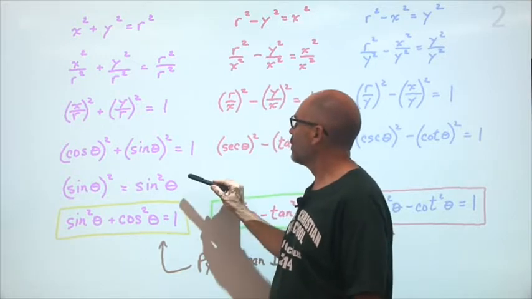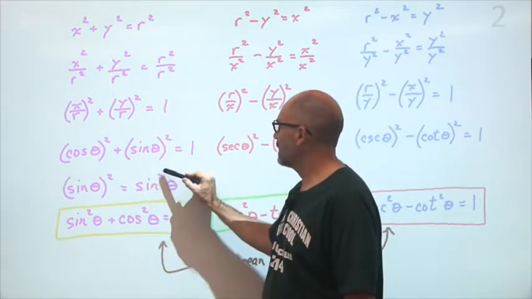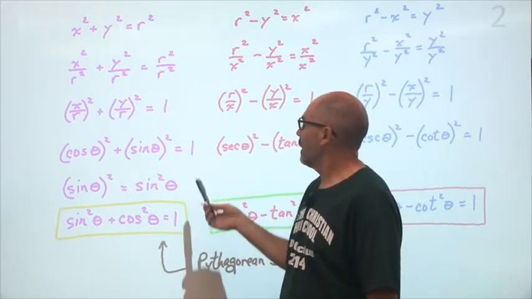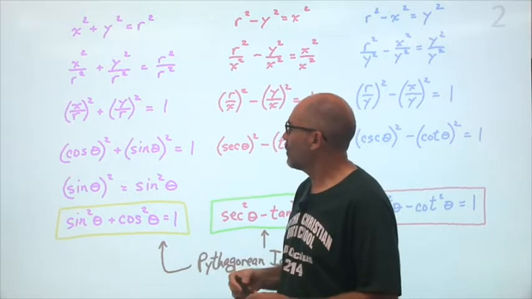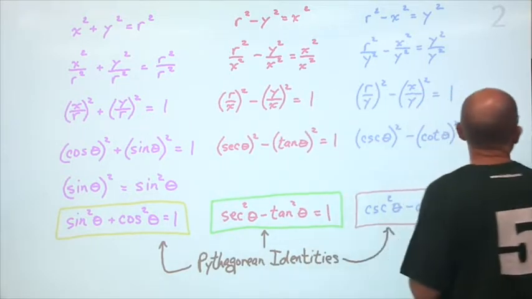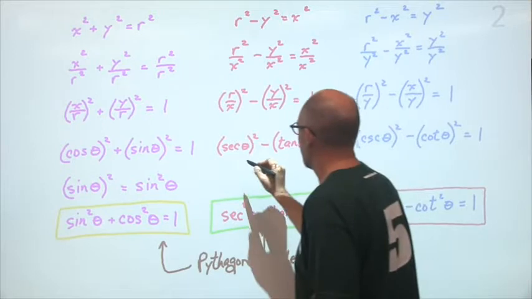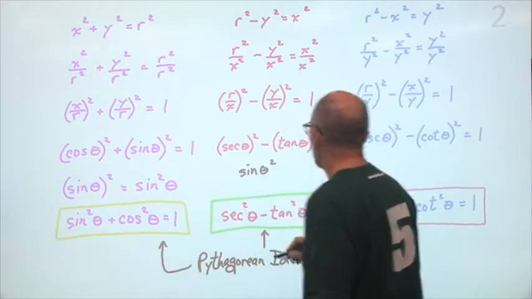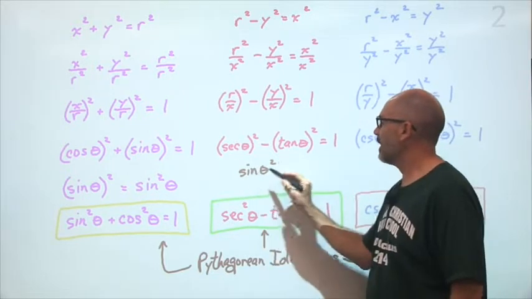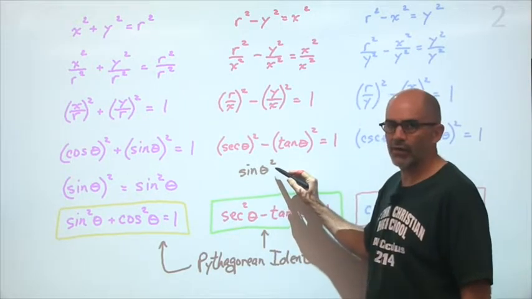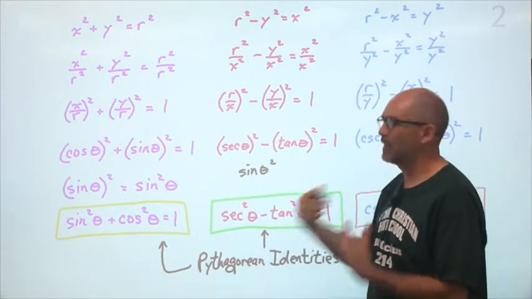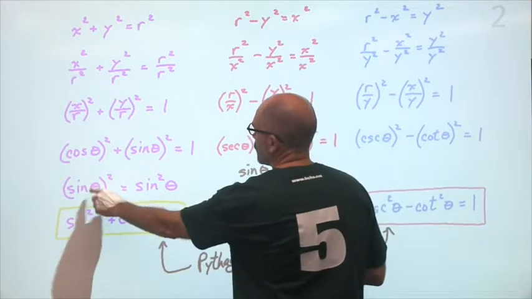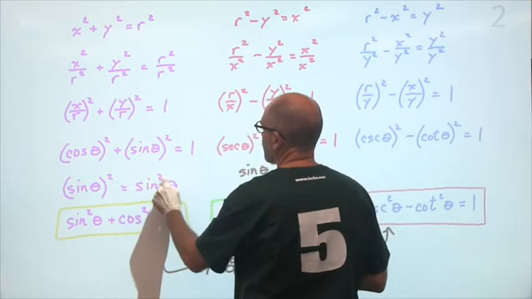The way we notate this is sine squared theta. And that's the way you say it, sine squared theta. The reason is, if I wrote it like sine theta squared, then this would be the sine of the angle squared, not the sine function squared. So if you want the sine function squared, then you write it sine squared theta.